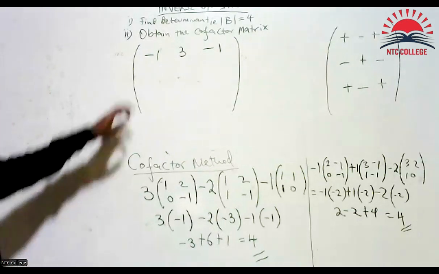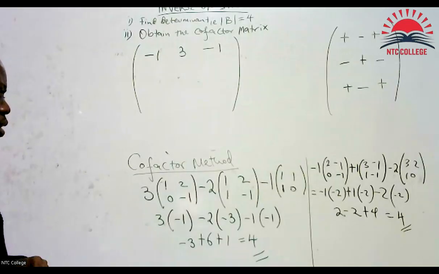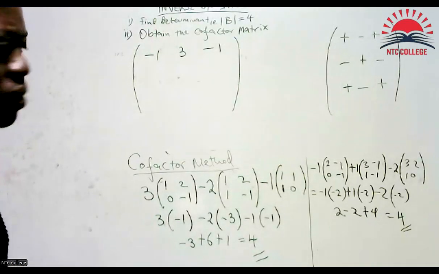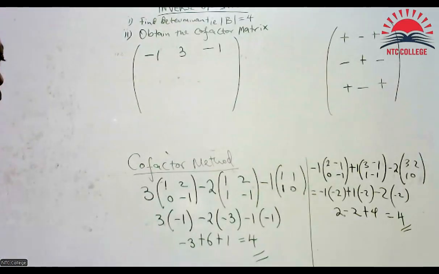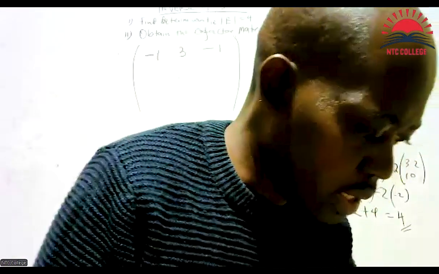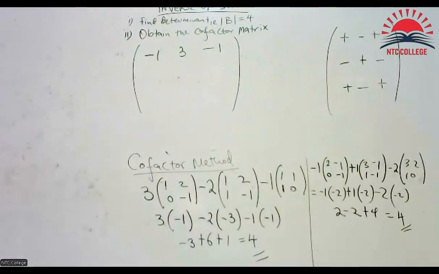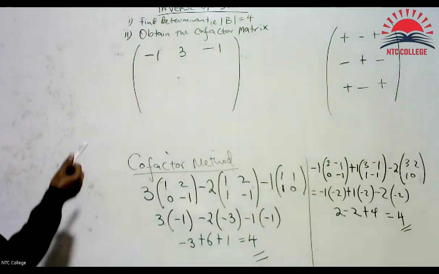We want to obtain the cofactor matrix, and let me just clarify what I'm doing. Let me go back to the original matrix. I said we'd rather take our time, but we understand. So this is the original matrix as we had it.